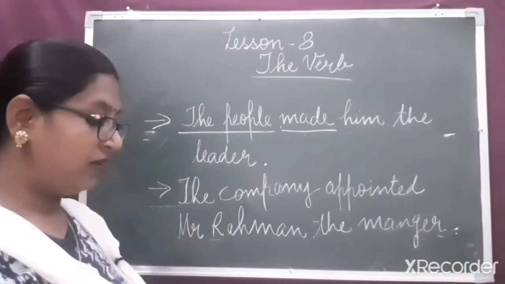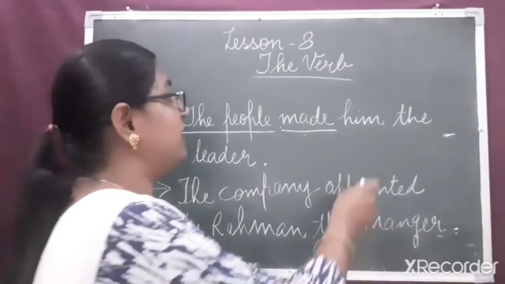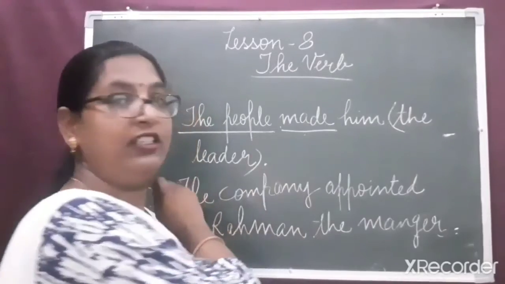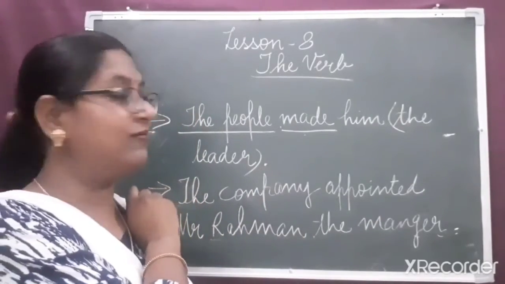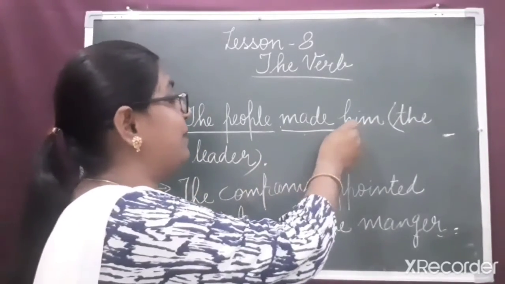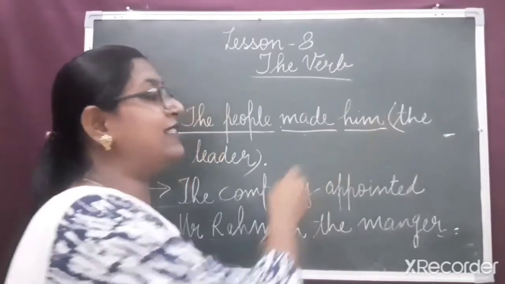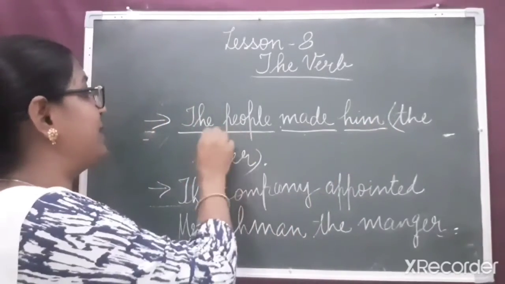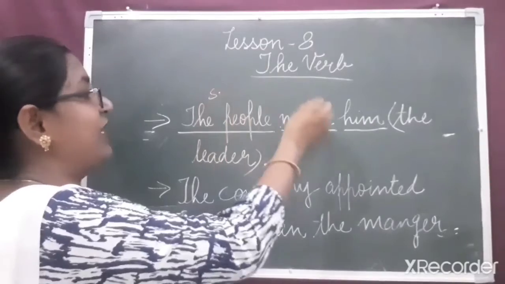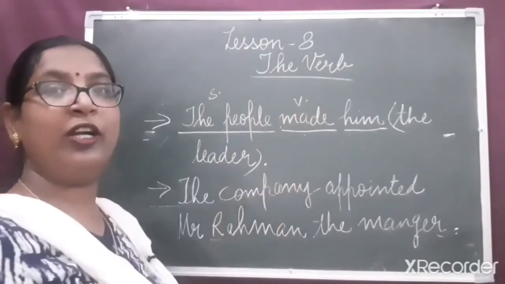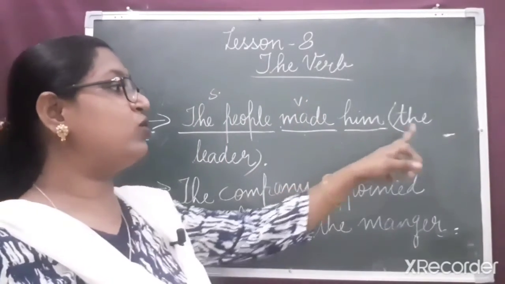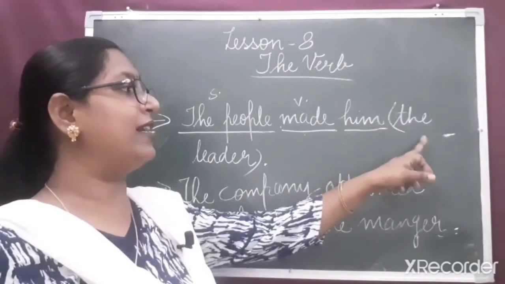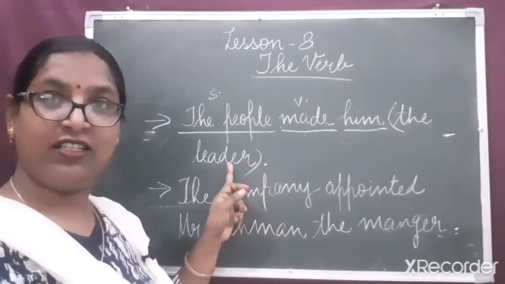We get the answer, the leader. The people made whom? We see the answer, him. People is the subject, made is the verb, and these two are the answers: this is the answer of whom and this is the answer of what.